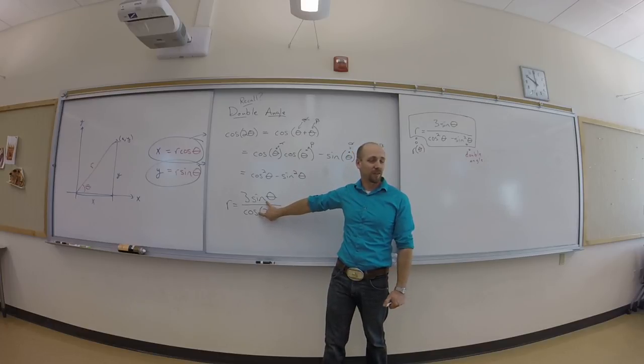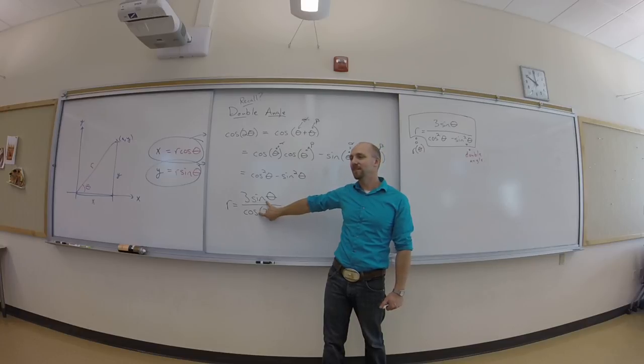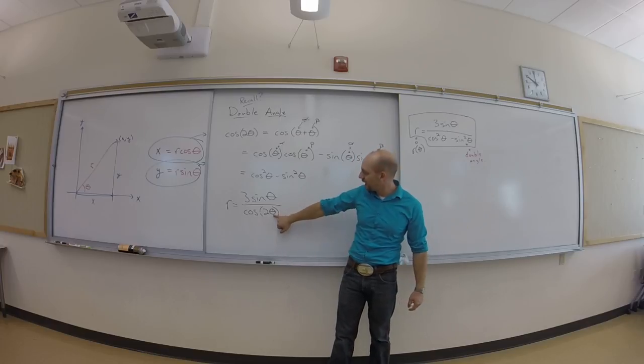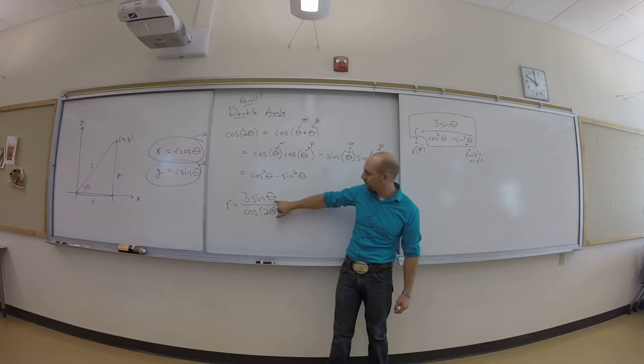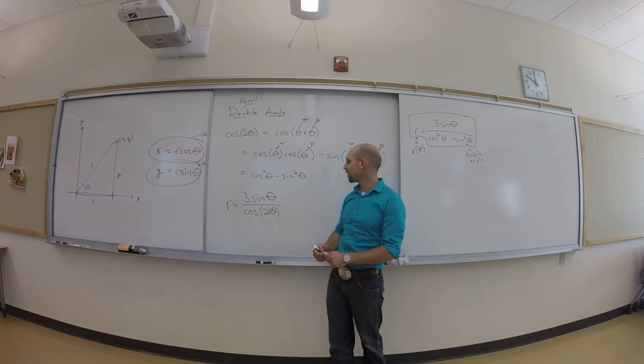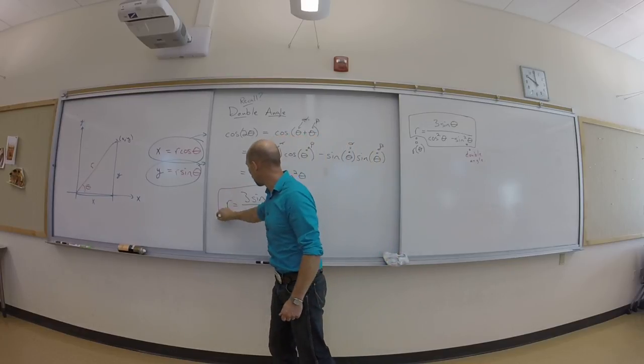Sine over cosine's a cotangent thing, right? Why is this not a cotangent? Good, because one of the arguments is 2 theta, the other argument is theta. Those have to be the same for me to turn that into a cotangent. Okay, is everyone cool with that? All right. So I think the simplest form of that previous problem was this thing.